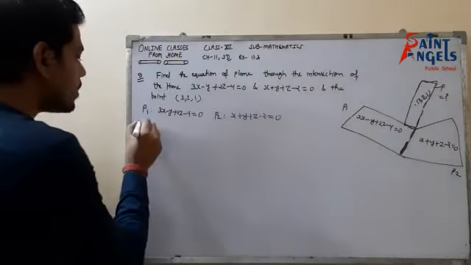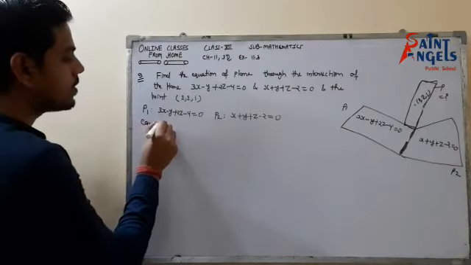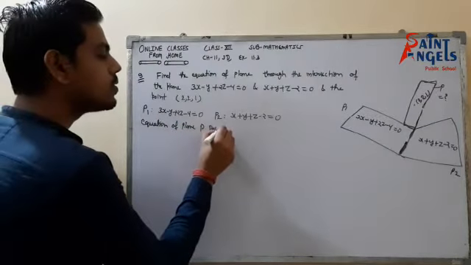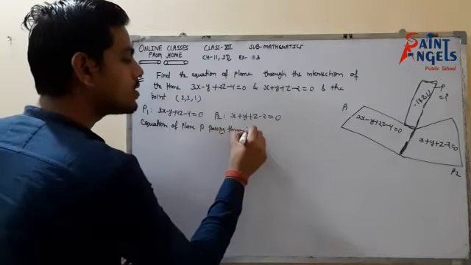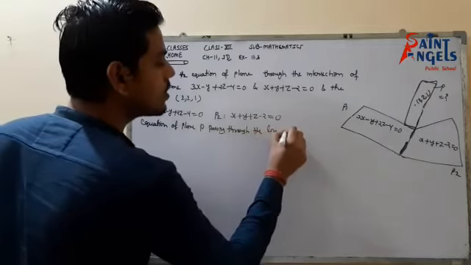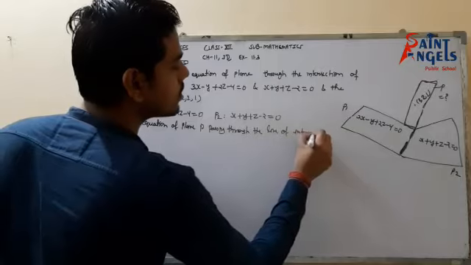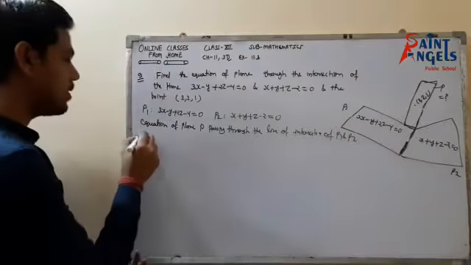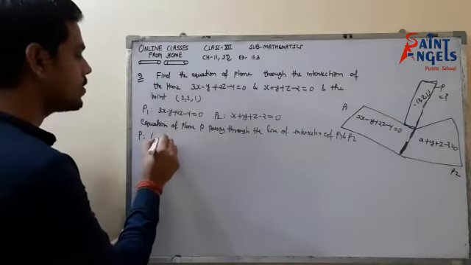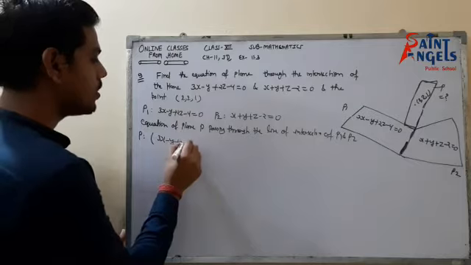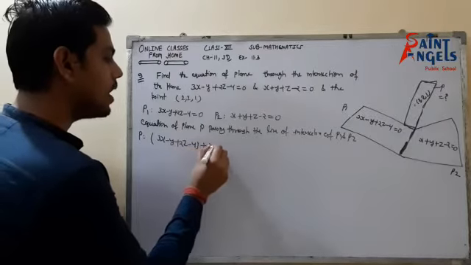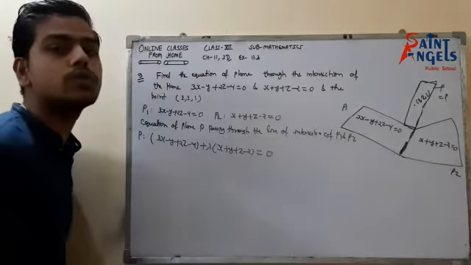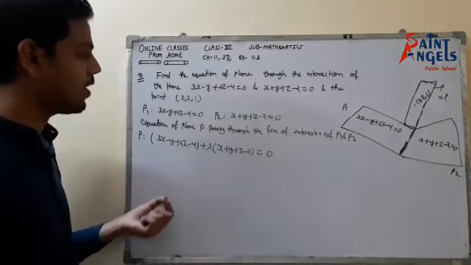Okay, so now the equation of plane P passing through the line of intersection of planes P1 and P2. The equation of plane P would be 3x minus y plus 2z minus 4 plus lambda (x plus y plus z minus 2) equals 0. So from here we will equate the coefficients of x, y and z.